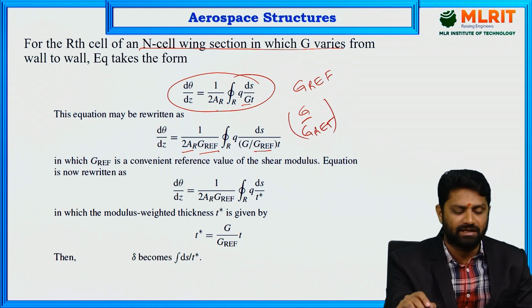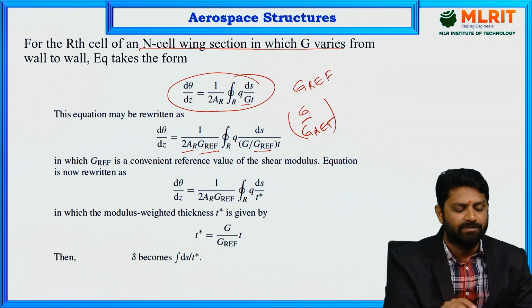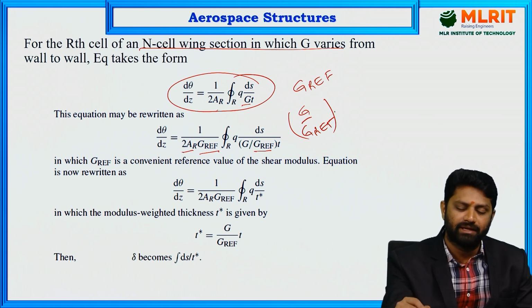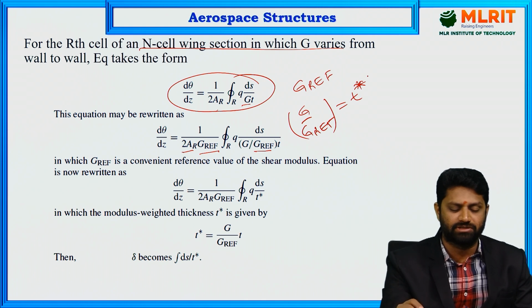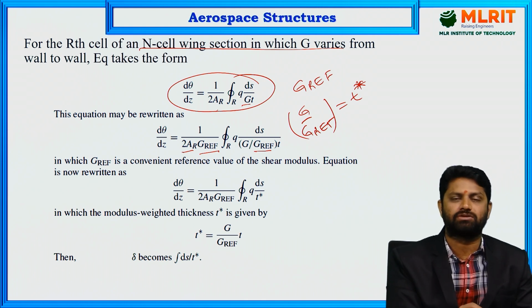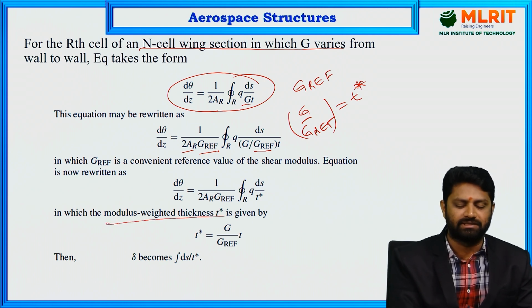The G reference value is simply a convenient reference value of the modulus of rigidity. The ratio G by G reference times t is called t star, the modulus weighted thickness. It is given by t star equals G by G reference into t.